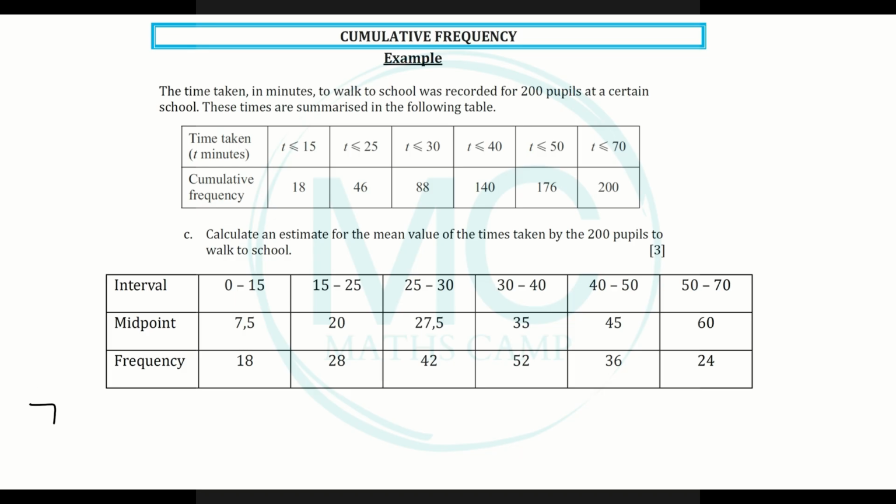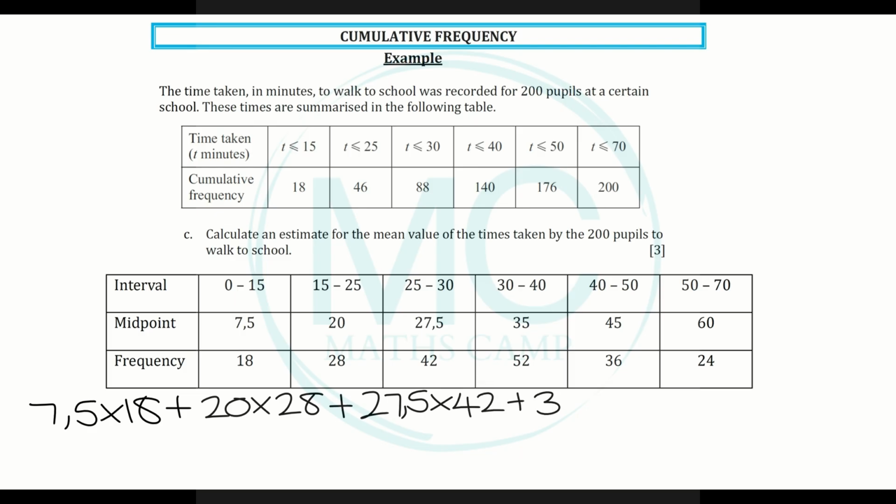So I can say 7,5 multiplied by 18 plus 20 multiplied by 28 plus 27,5 multiplied by 42 plus 35 multiplied by 52 plus 45 multiplied by 36 plus 60 multiplied by 24.